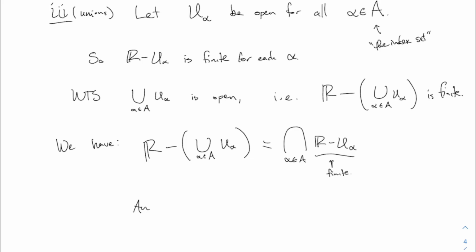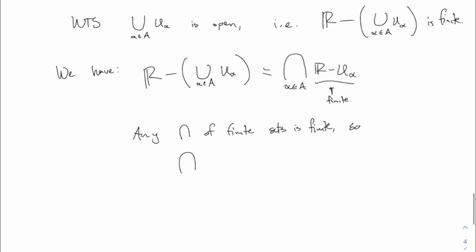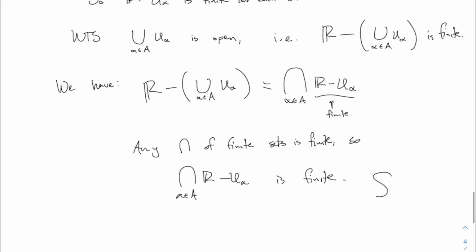So I will say any intersection of finite sets is finite. So the intersection over alpha in A of R minus U alpha is finite. And that's what we said we were going to show. So I will say shown. All right.